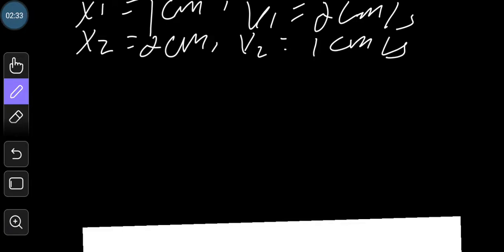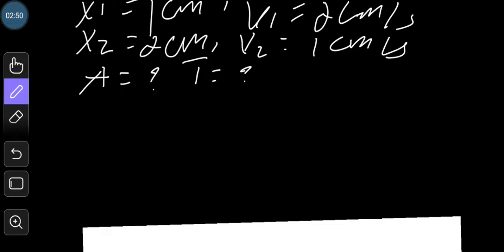This is the given quantity. Required: the amplitude. What will be the amplitude, A, how much, and the time period, how much?